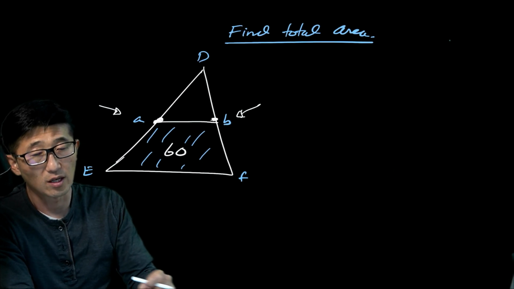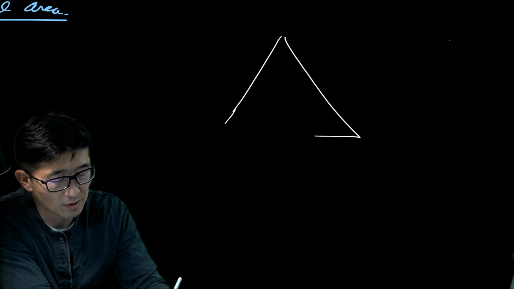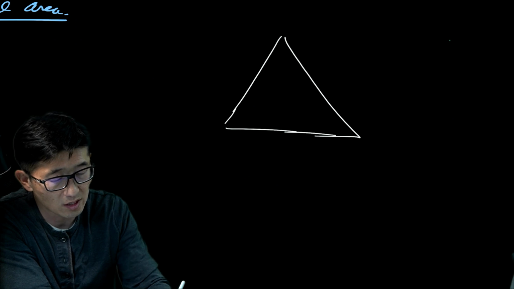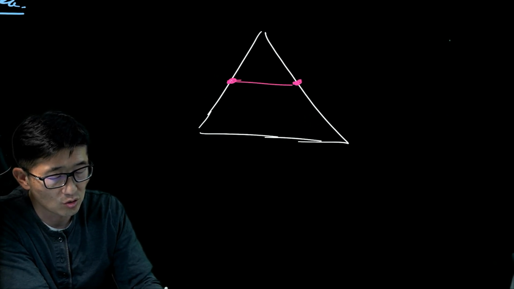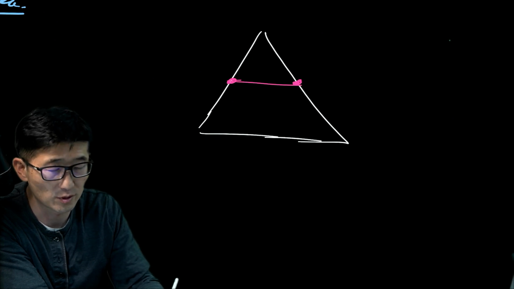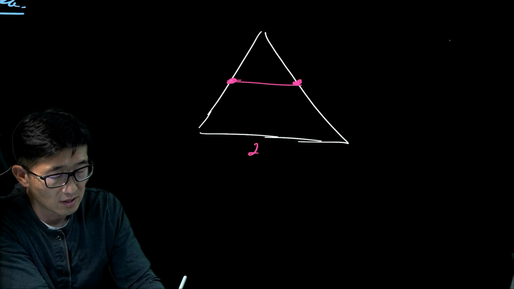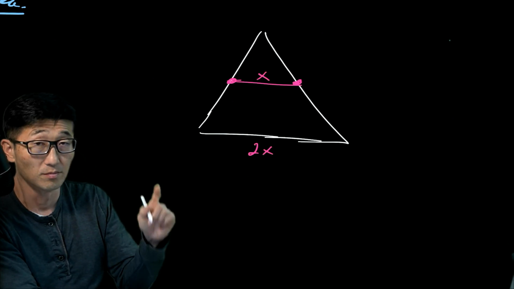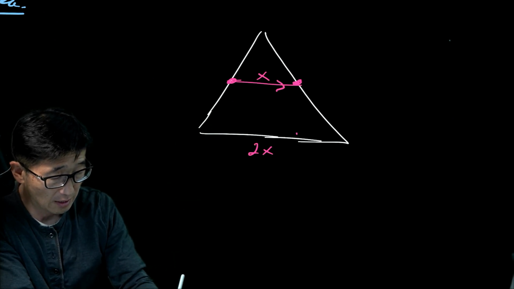Now, to solve this, you have to know a few things. Number one, there is a theorem called the side splitter theorem, where when you take the midpoint of both sides of the triangle and connect the two dots and form a segment, this segment is half of the base and also parallel with the base.